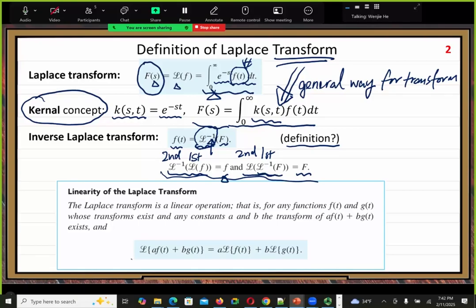Specifically, you have two functions, an f function and a g function.